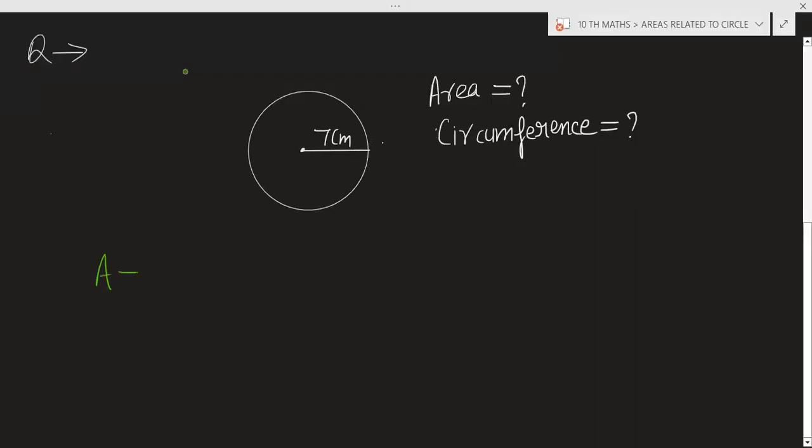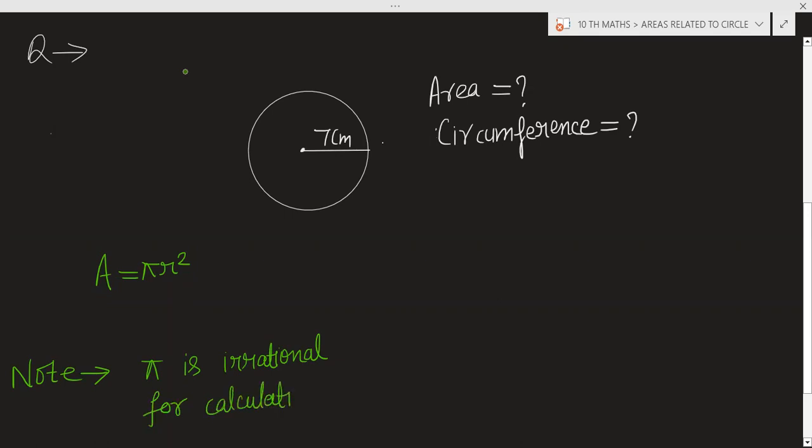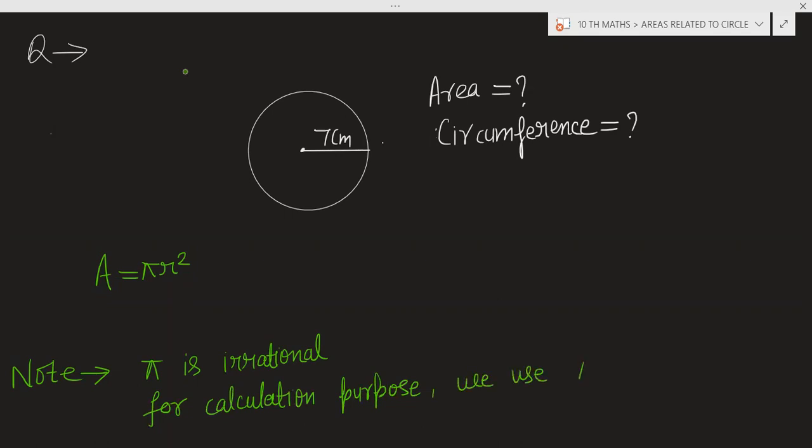So area of the circle is pi r square. And before that, there is one note point. Pi is an irrational number. But for calculation purpose, we use pi equal to 22 by 7 or sometimes 3.14.